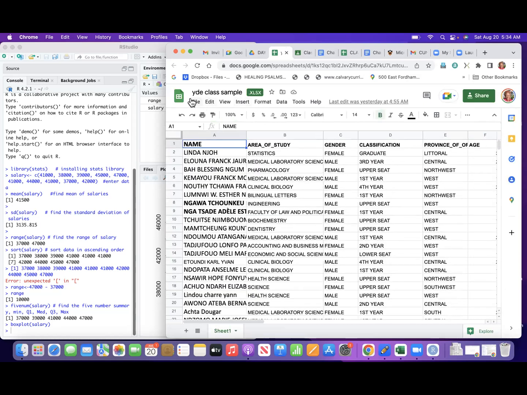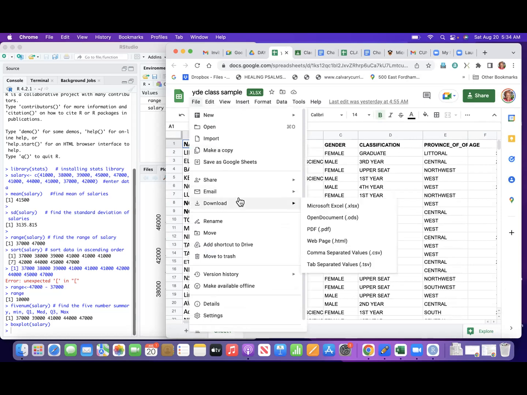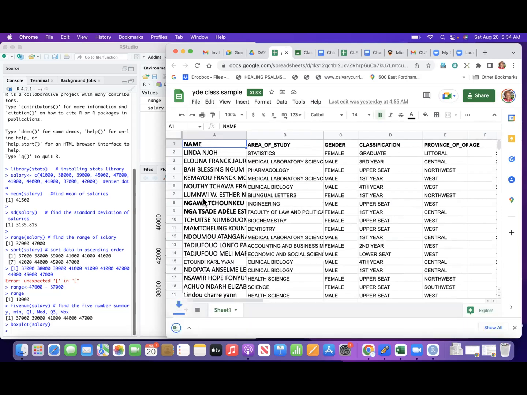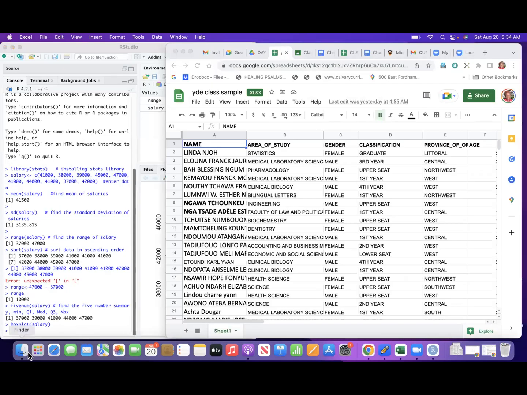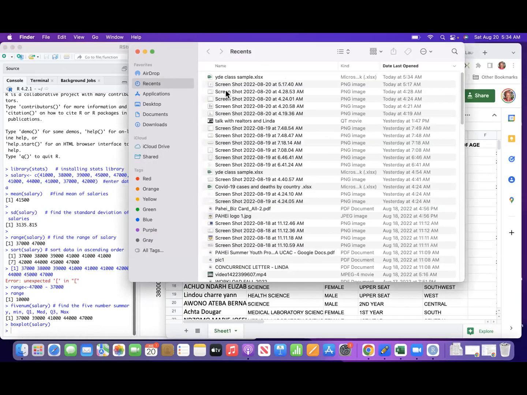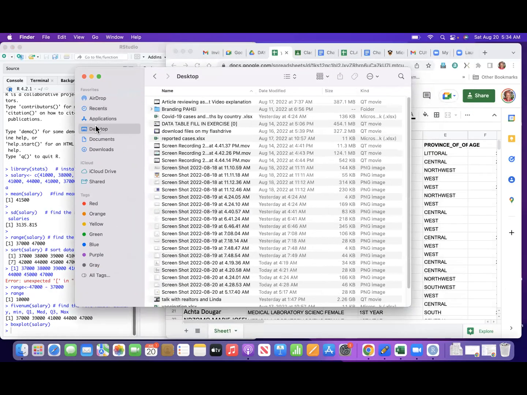So I'm going to download this on my desktop. I'm going to make sure that it's on the desktop. I'm downloading it just to be sure. So this is the data here. Now, if I go into my Finder, if I go to desktop, that data should be there.